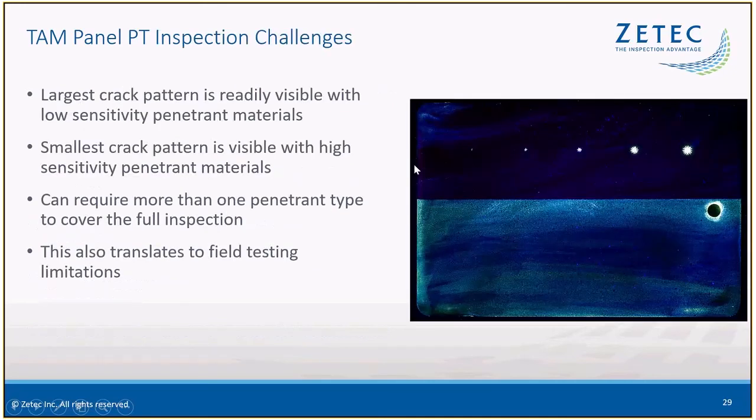So this is what it would look like using PT. You can see very clearly the larger crack pattern, but the smaller ones are fairly hard to make out. Often these smaller ones are not really qualified with the penetrant. There are different types of penetrants, ones that are better at resolving these smaller patterns, and so you sometimes have to do multiple penetrant exams to get full coverage.